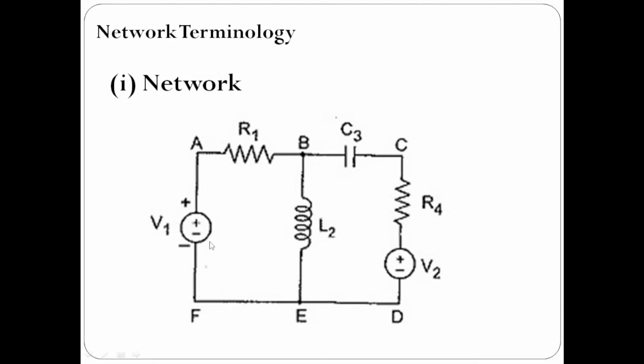There is a voltage source and a resistor, and parallel to it, we will discuss what parallel and series mean today itself, there is an inductor, again a capacitor, resistor and voltage source. They have been arranged in a certain pattern, so the arrangement of network elements in a certain pattern is known as an electric network.